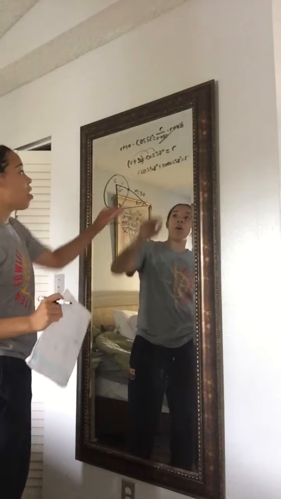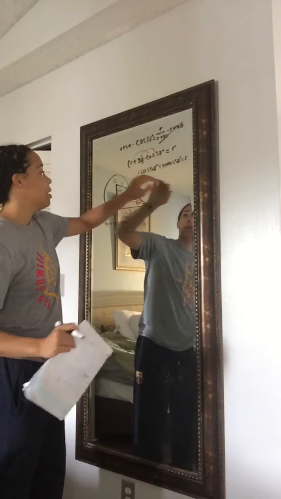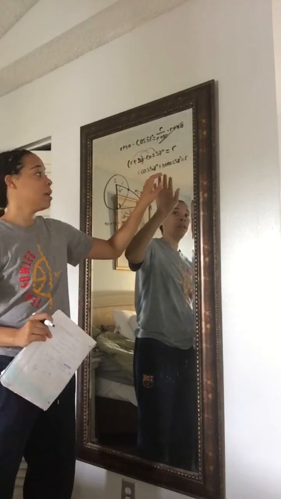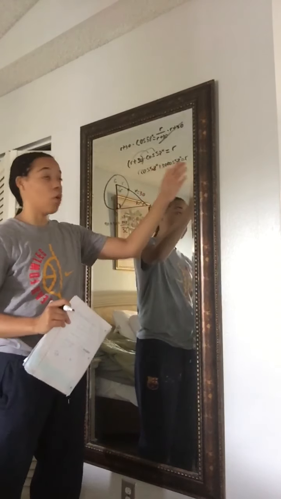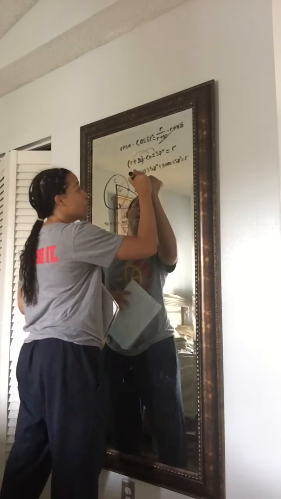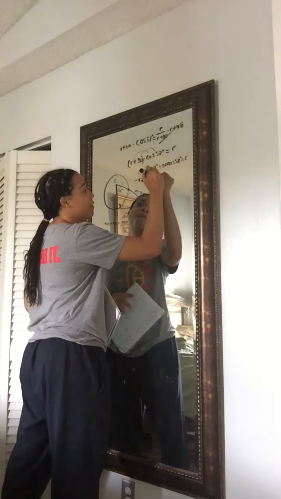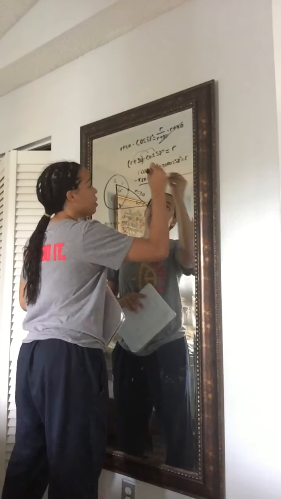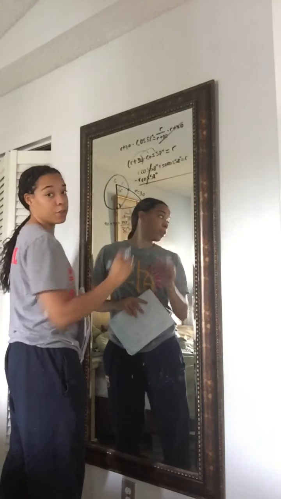Now that we have r integrated into our cosine, we're going to subtract r cosine of 58 to put all the variables on one side and numbers on the other side. So we're going to subtract r cosine 58 degrees, and then subtract it on this side. I'm going to do it here so that there's more room.